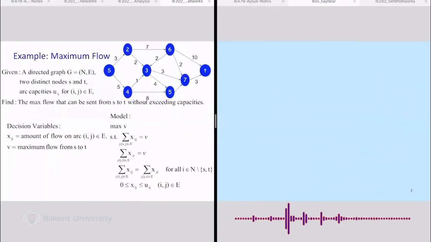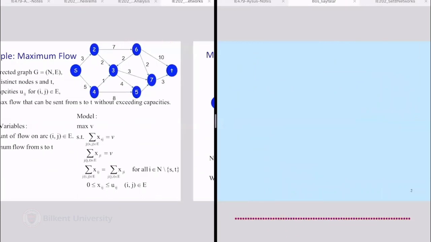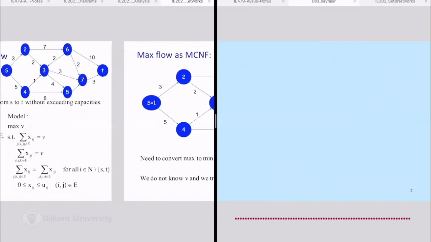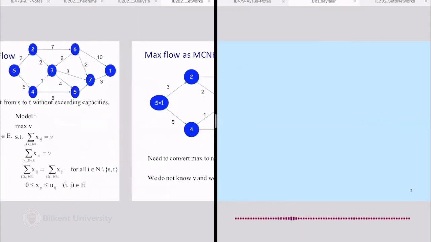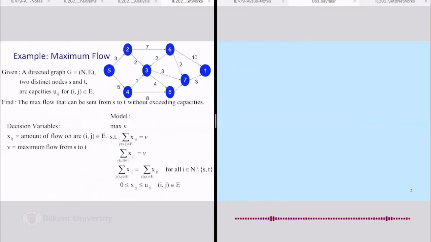All right, so let's look at the problem from a normal integer programming perspective first, and then we're going to convert it to MCNFP. Maximum flow. This is also, again, a valid network flow problem that you may be encountering. So you have a directed graph again, and you specify 2 distinct nodes, S and T again.